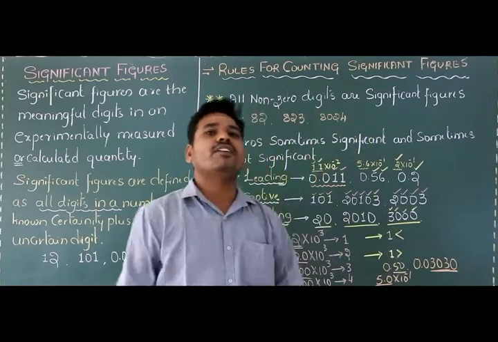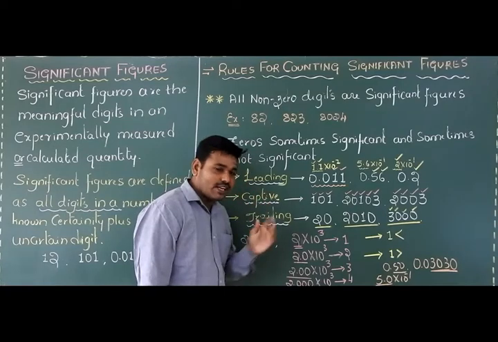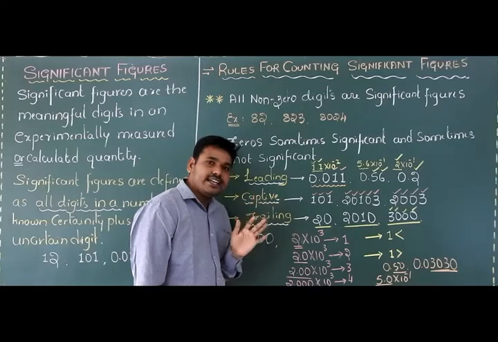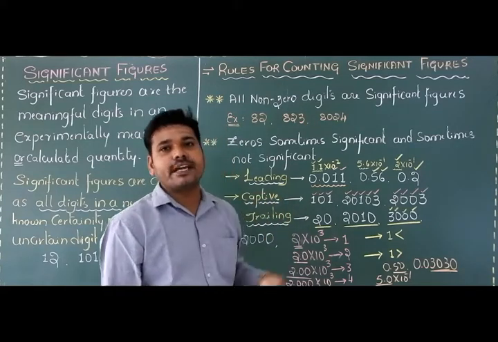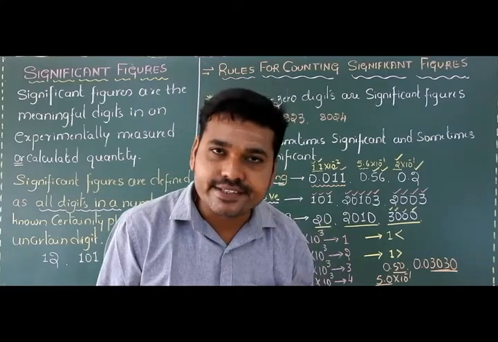And the third type, trailing zeros, are sometimes counted as significant figures and sometimes they are not counted as significant figures, students. Is it clear?